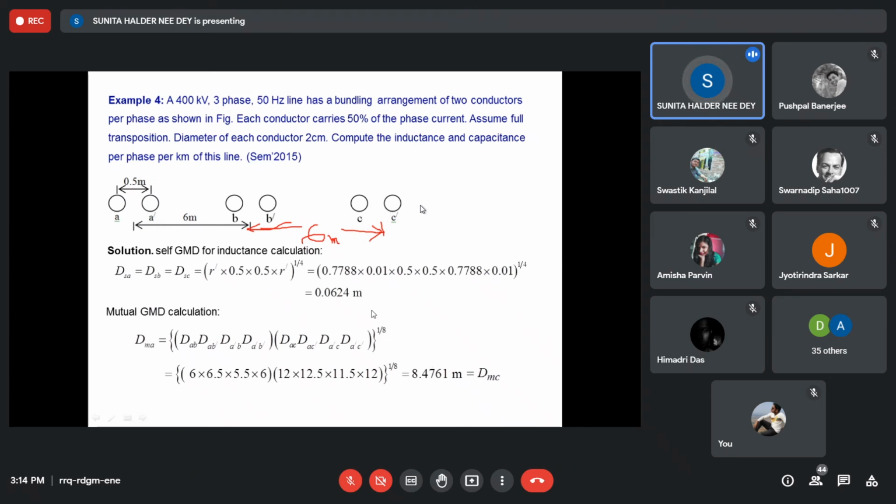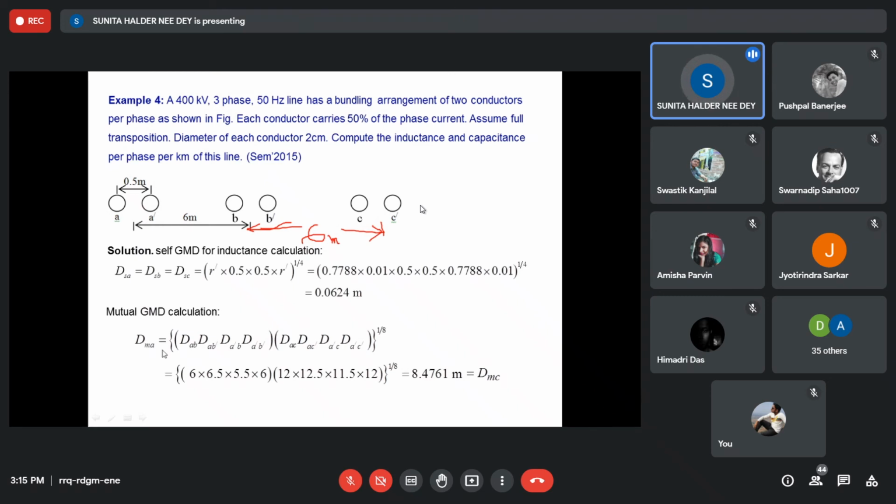So if we want to write the expression to find the mutual distances from C, it will be similar to this, because this conductor is placed at a corner position, and this conductor is also at another corner position. So DMA will be equal to DMC, but this will not be equal to DMB, because for B phase, DA dash B dash is equal to B dash C dash.